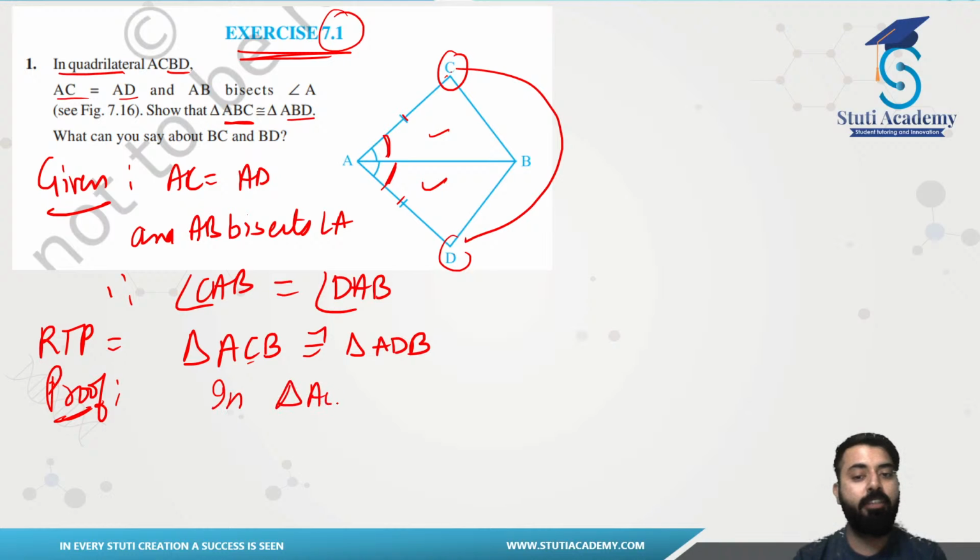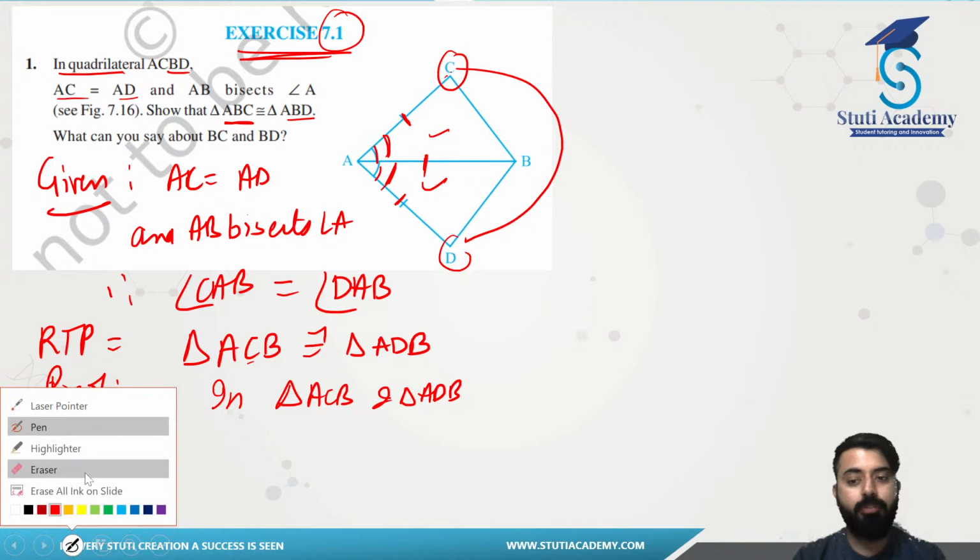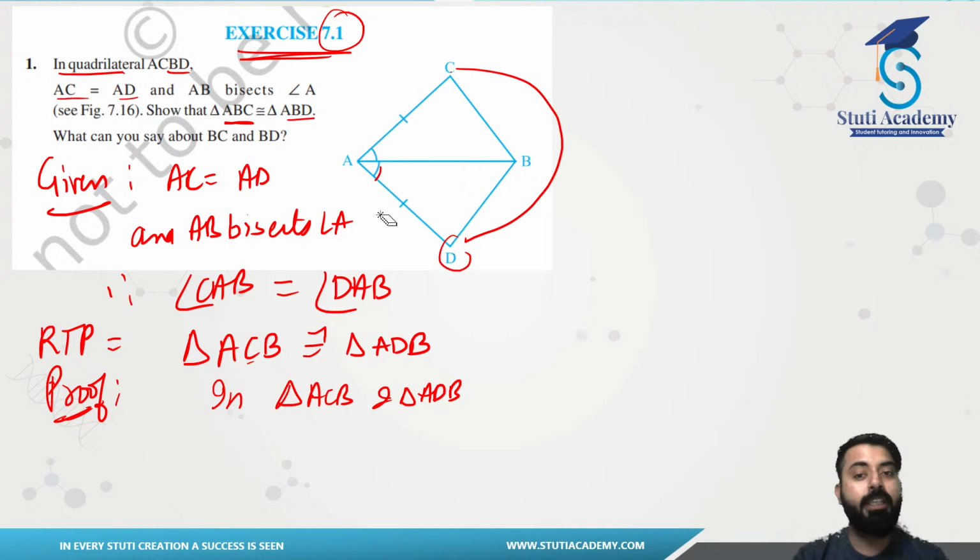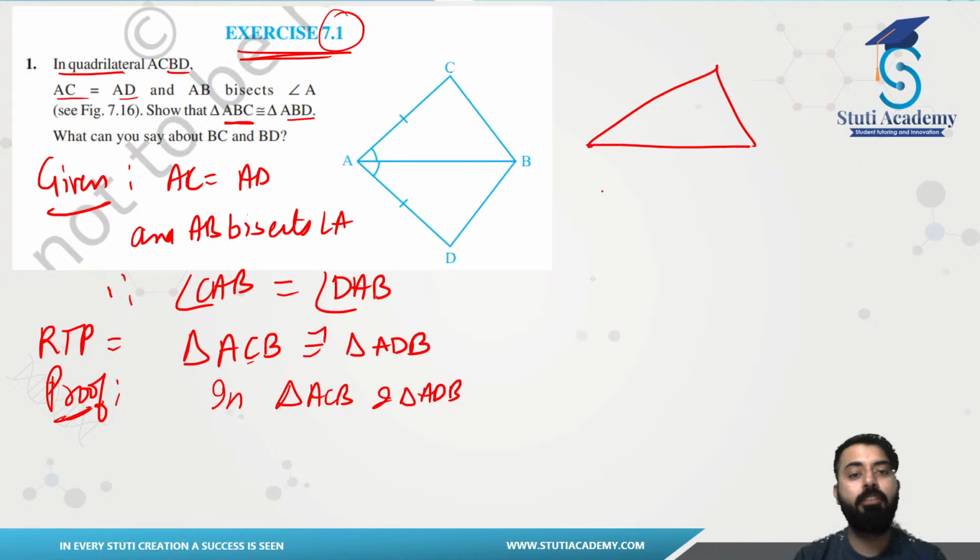In triangles ACB and ADB, I can see AC is equal to AD. This angle is equal to that one and this side is common. Now you guys see, if I divide the two triangles and place them separately, one triangle is like this, another triangle is like this, and this is ACB and that is ADB.